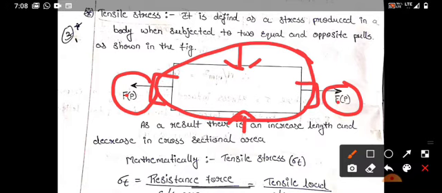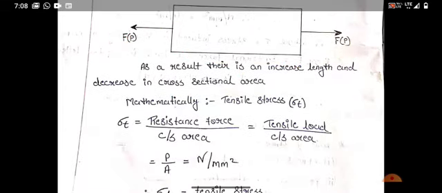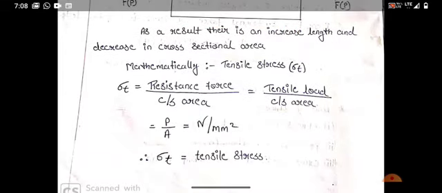As a result, there is an increase in the length and a decrease in the cross sectional area. Mathematically, tensile stress, that is sigma T, is equal to resisting force upon cross sectional area, or tensile load upon cross sectional area.